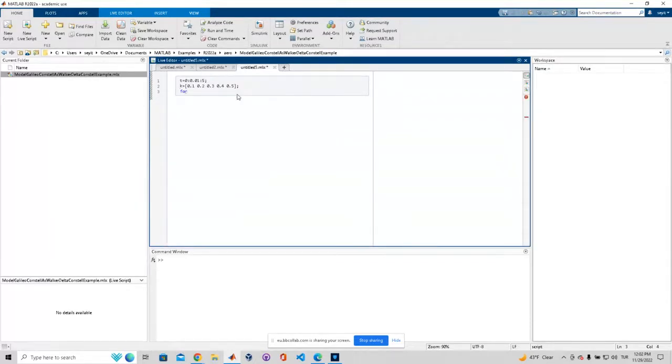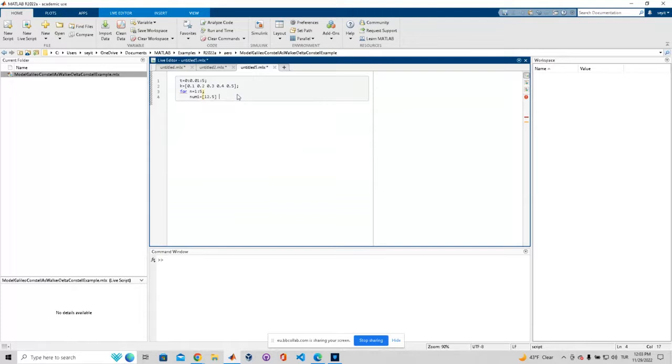So first, let's say for n equals 1 to 5, for our feedbacks, let's define our numerator 1 and denominator 1, the same.